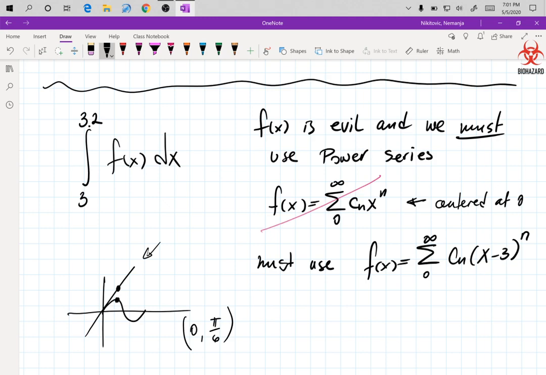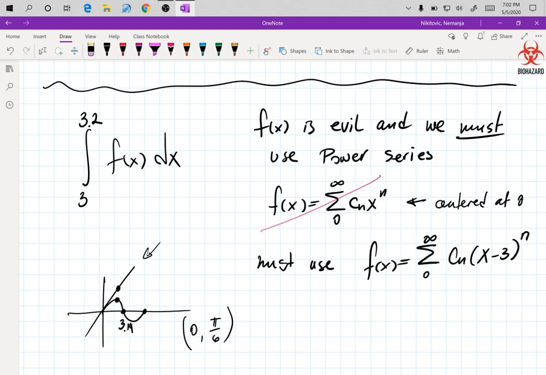When I say far away, this is your 3.14, right? So you see that you can't use just 0 and 3 or arbitrarily pick these points. You must center your power series around the value that was given to you in the integration limits. Otherwise, all of this is going to give you numbers that have nothing to do with the actual answers.